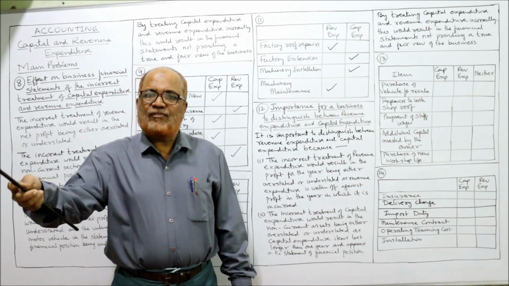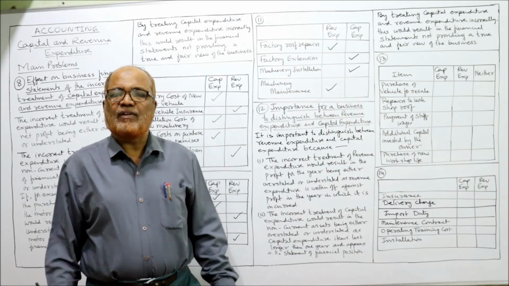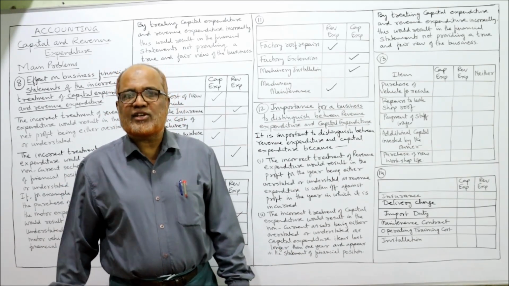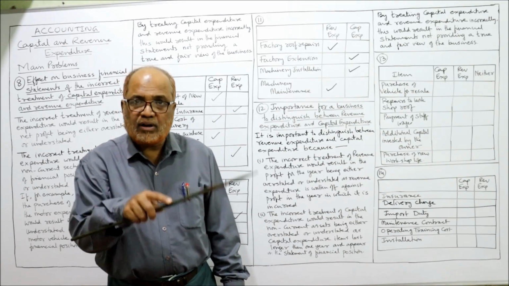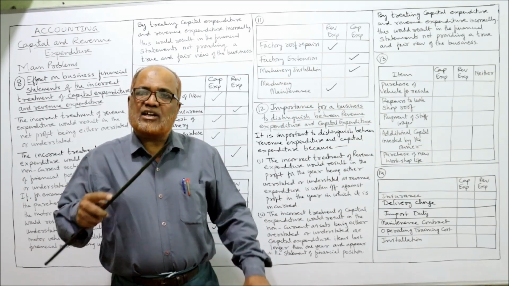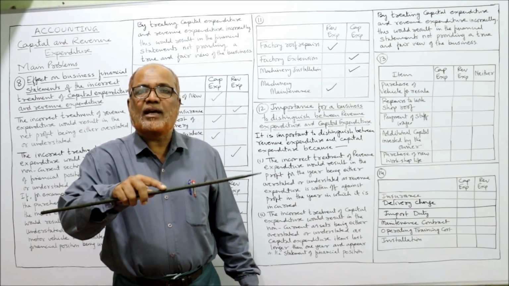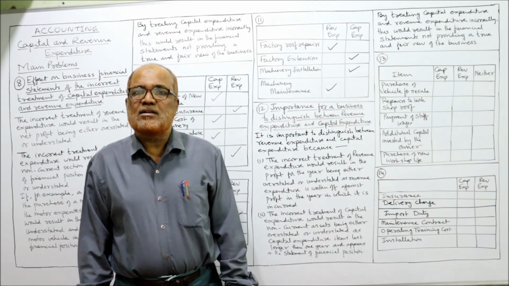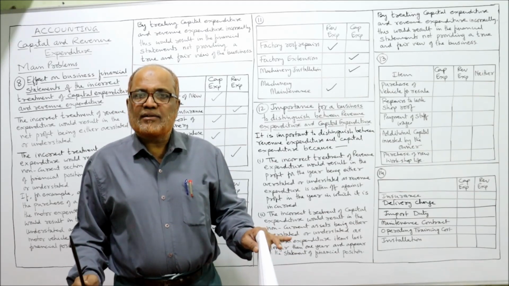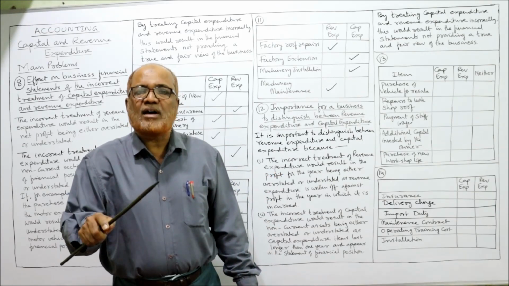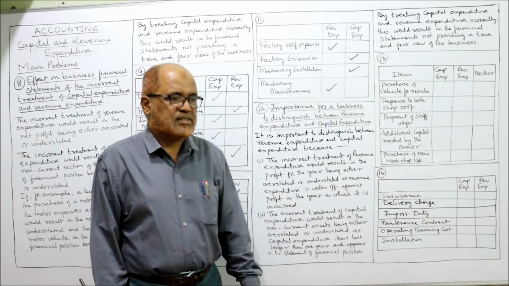Example, suppose machinery or a vehicle is purchased and wrongly taken as a revenue expense, then what will happen? The profit will come down. Similarly, if expenses are there, but wrongly treated as a capital expenditure, then profit will be overstated. So first effect, it is very much necessary to distinguish because otherwise the profit will be understated or overstated.